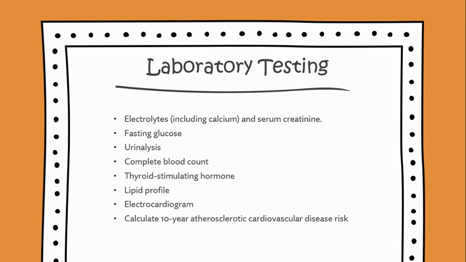Laboratory testing: electrolytes including calcium and serum creatinine, fasting glucose, urinalysis, a complete blood count, thyroid stimulating hormone, lipid profile, electrocardiogram, and calculate the 10-year atherosclerotic cardiovascular disease risk.